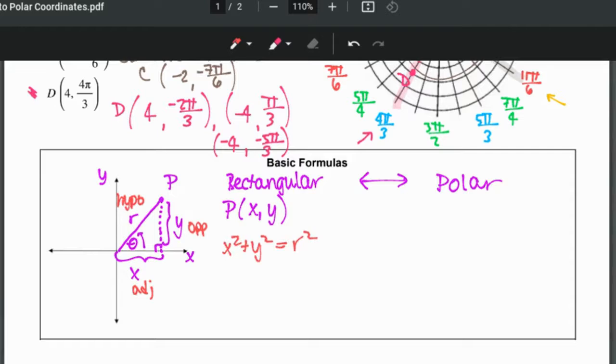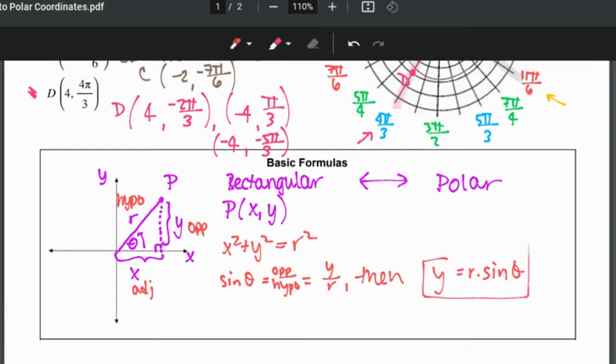All right, so let's say I wanted to figure out what is sine of theta. Sine of theta is the opposite over the hypotenuse, which in this case would be y over r. And so we could convert, and we're going to use the equation. If I multiply both sides by r, I would get r times sine of theta equals y. So we're going to use this equation sometimes to convert from polar into rectangular.